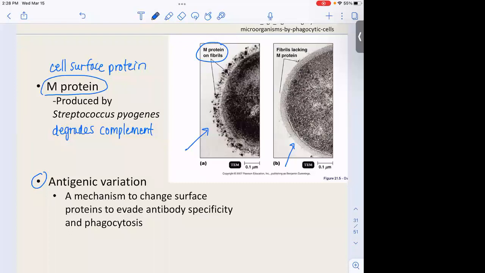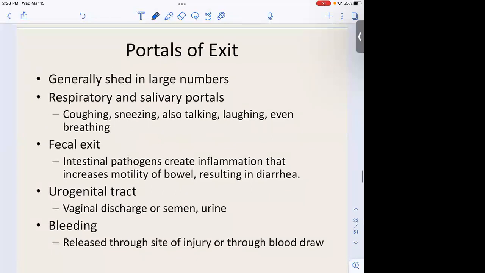One of the main things that complement proteins do is bind to pathogens and make it easier for phagocytes to grab hold of the pathogen and ingest them. So yeah, good question. We'll get to more of that.